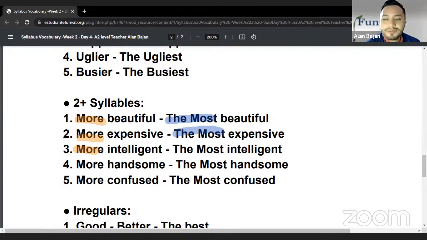So be careful with choosing each adjective. More than two syllables, we add the extra word. Less than two syllables, no. Makes sense?